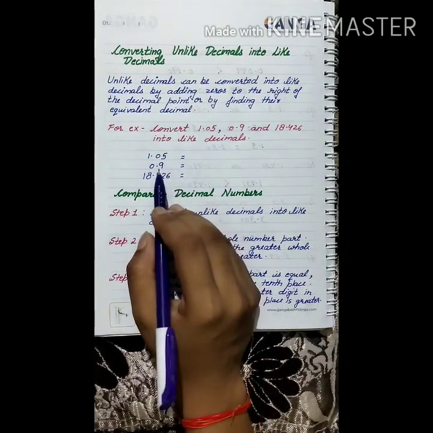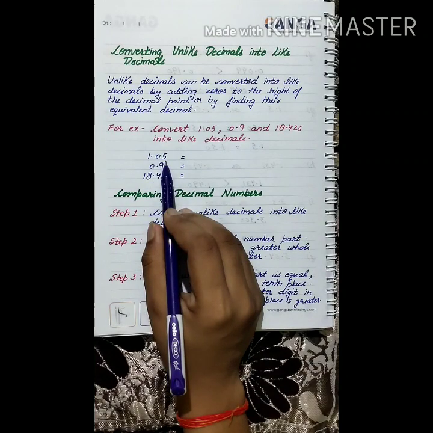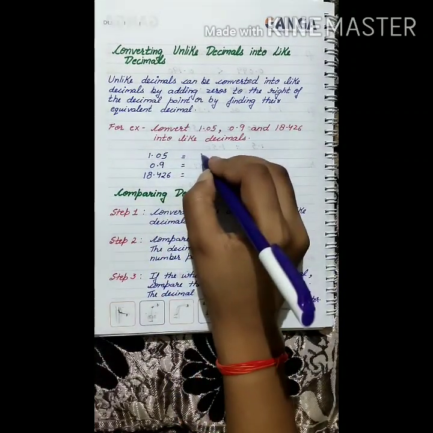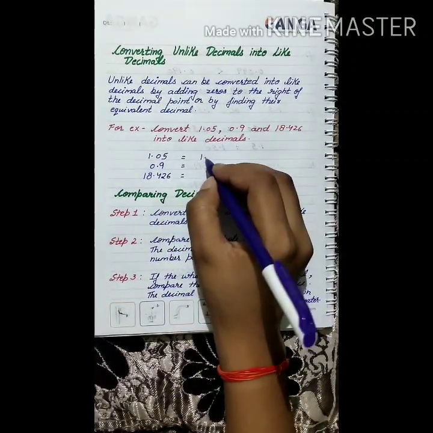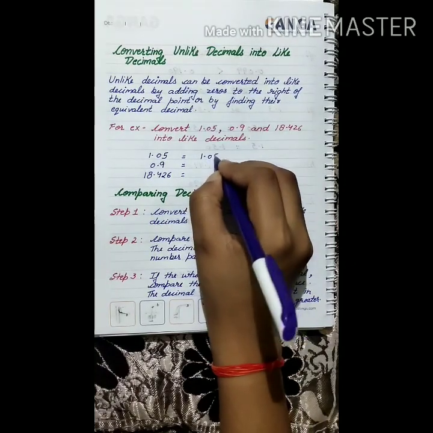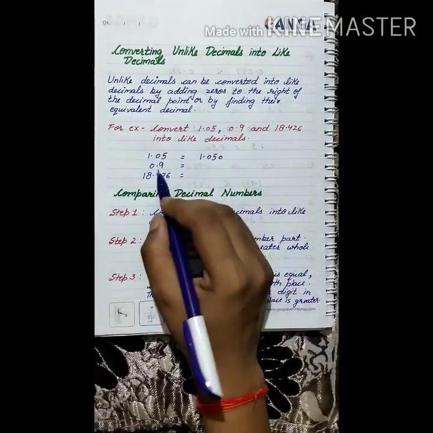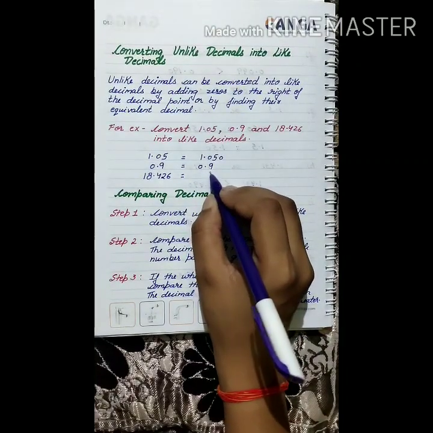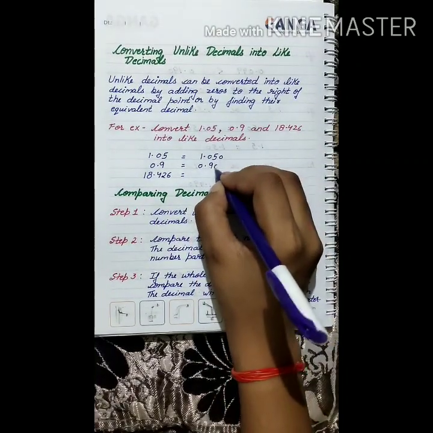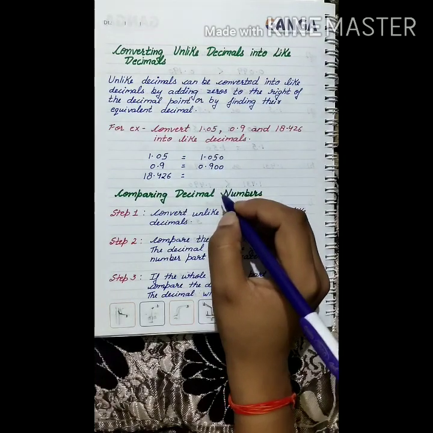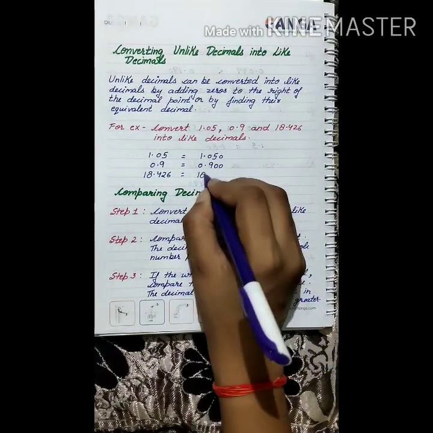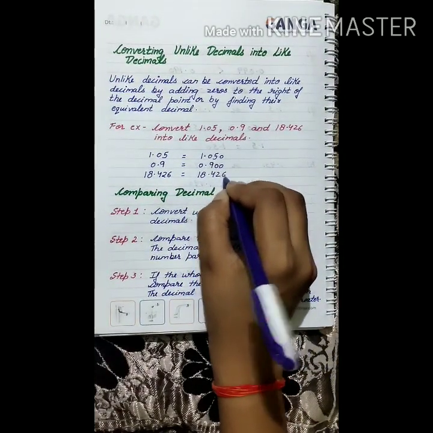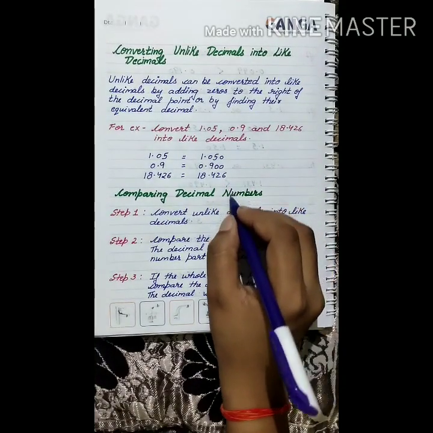So we will convert all into 3 decimal places. Here we will add one 0 at the end. For 0.9, we have only one digit at decimal places, so we will add two 0s at the end. Here we have 3 digits, so we will write it as it is. Now they all are like decimals.